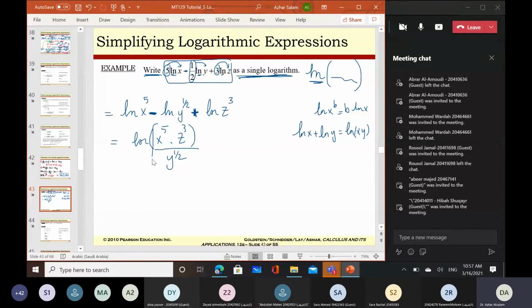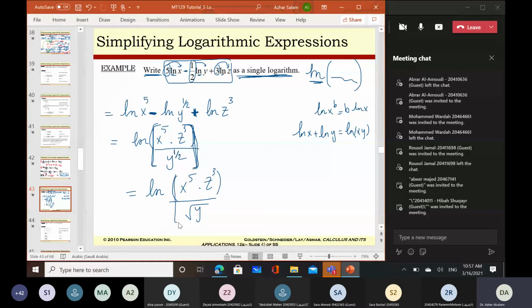So this ln is taken over all this rational quantity. When I bring the ln down to the denominator, I bring it down without the ln. ln of the numerator minus ln of the denominator means I take the ln only as a common factor. I can simplify it more to ln of x to the power 5 multiplied by z to the power 3, divided by square root of y, since y to the power half is actually a square root.